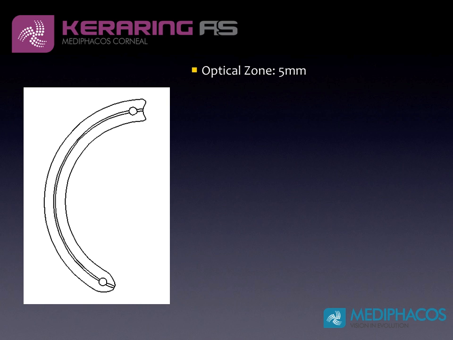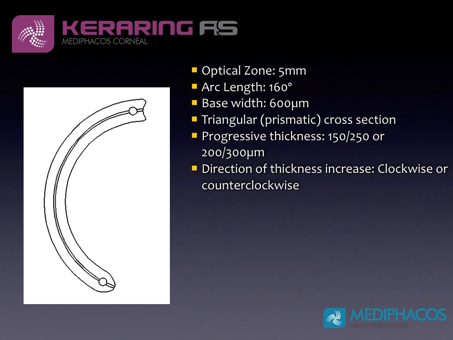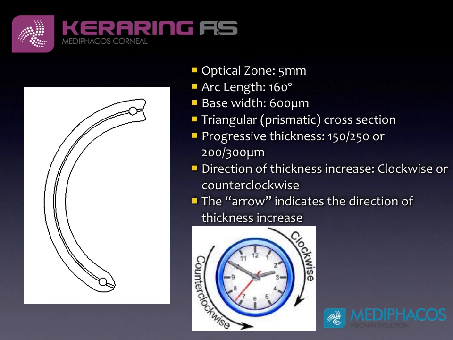The Keraring AS has a 5 mm optical zone, 160 degrees arc length, and a 600 micron width base. It has the triangular prismatic cross-sectional design, which is classic of the Keraring. It has progressive thickness in the same segment, so the thickness ranges from 150 to 250 or 200 to 300 microns in the same segment.